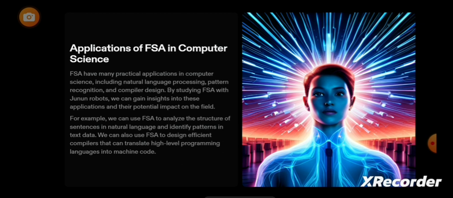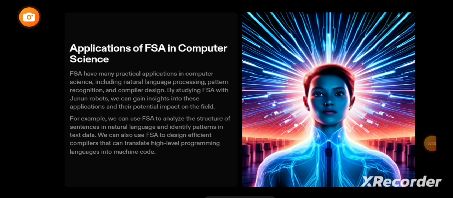Applications of FSA in computer science. FSA has many practical applications in computer science, including natural language processing, pattern recognition, and compiler design. By studying FSA with Juno robots, we can gain insights into these applications and their potential impact on the field.